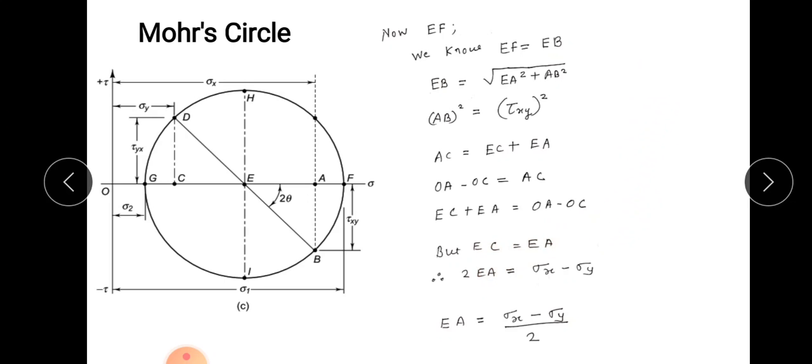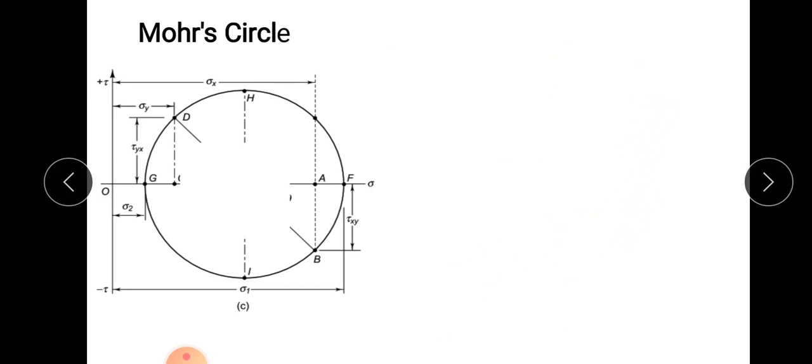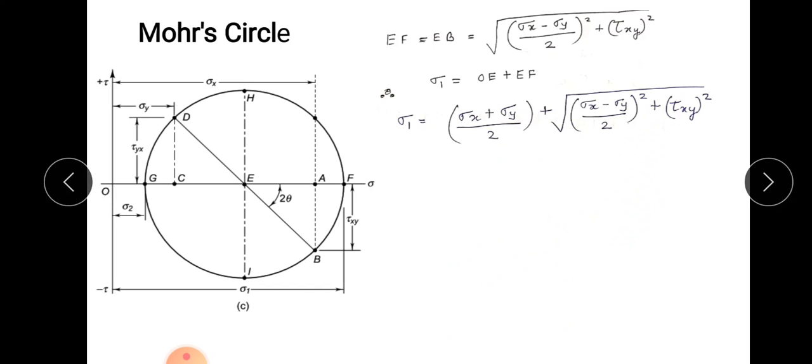Now EB is equal to square root of EA square plus AB square. AB square is equal to tau xy square and EA square is nothing but (sigma x minus sigma y) divided by 2, whole square. Now you put everything into this EB. Once you get the EB, you will get EF. So again here comes the Mohr circle. Now EF is equal to EB, so putting in the equation, you will get square root of ((sigma x minus sigma y) by 2) square plus tau xy square. Now what is sigma 1?